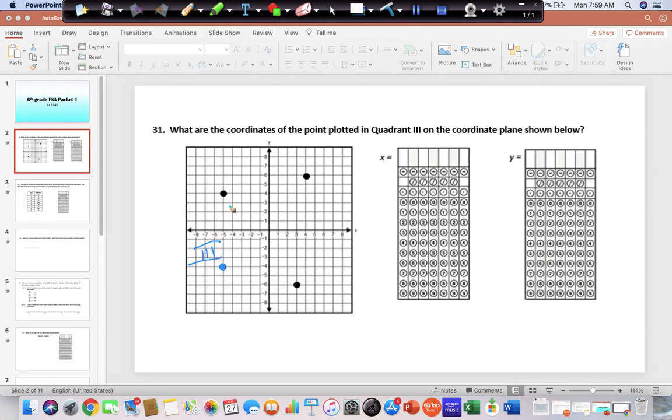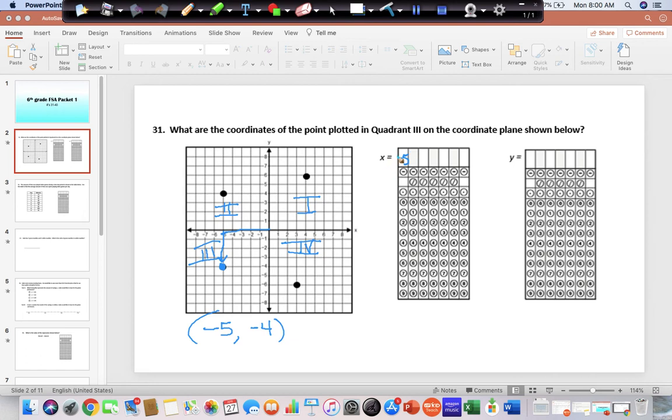Quadrant 3, this is quadrant 2, this is quadrant 1, and this is quadrant 4. So we are looking at this one down here, and it is at -5, -4, over to -5, down to -4. So our x variable is at -5, and our y variable, that's not how we should write that actually.